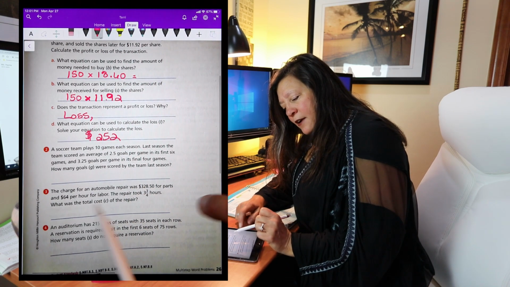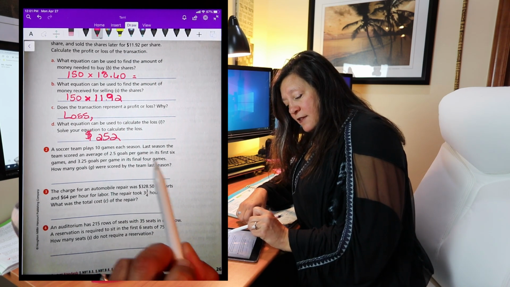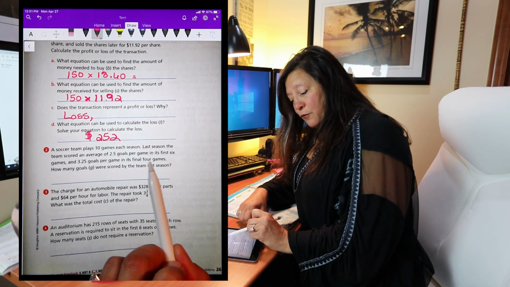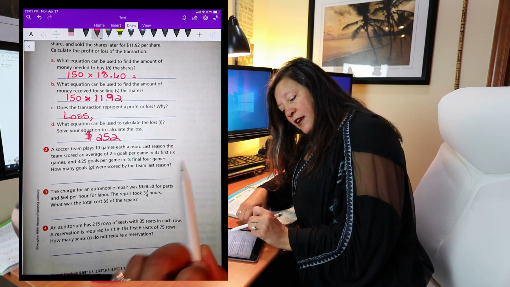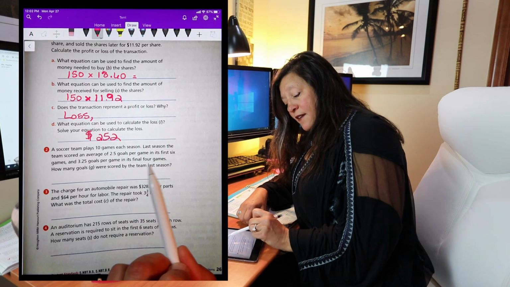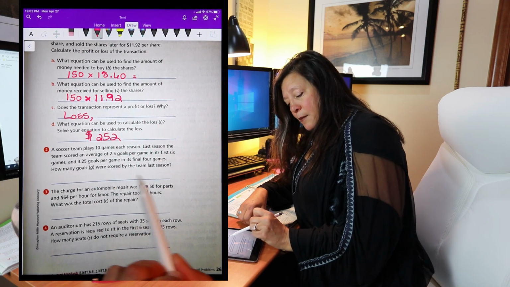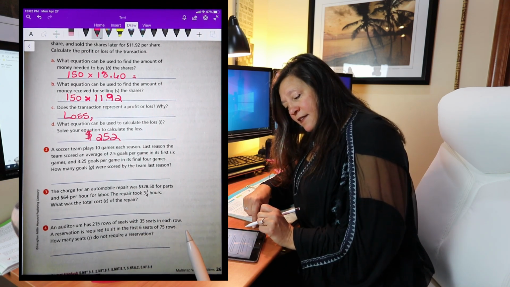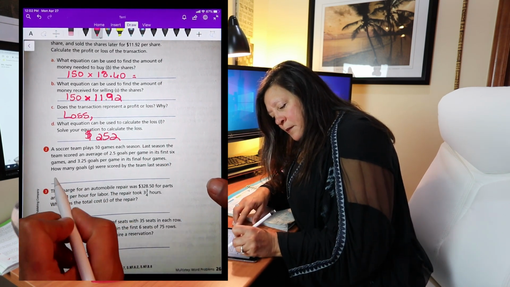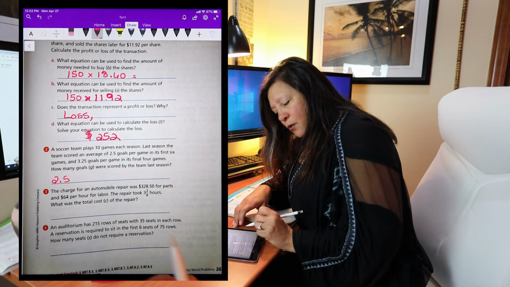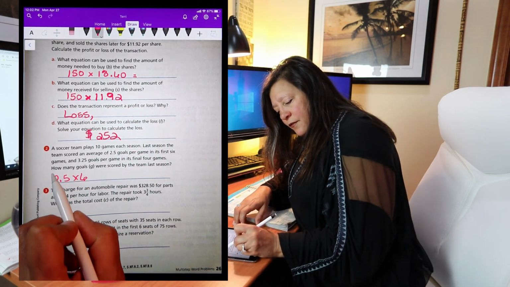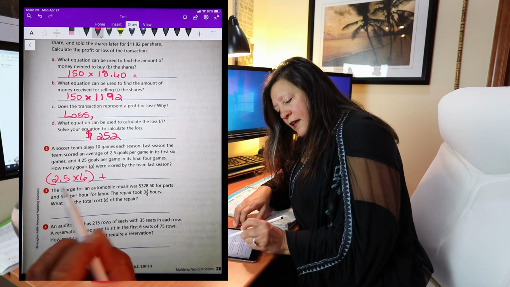Number 2, a soccer team plays 10 games each season. Last season, the team scored an average of 2.5 goals per game in its first 6 games and 3.25 goals per game in the final 4 games. How many goals were scored by the team last season? Well, there's 10 games altogether, but there were 2.5 goals scored in the first 6 games, so first you're going to calculate that.